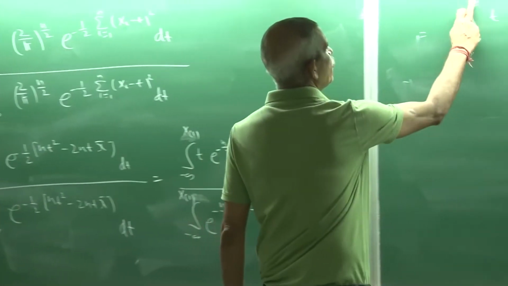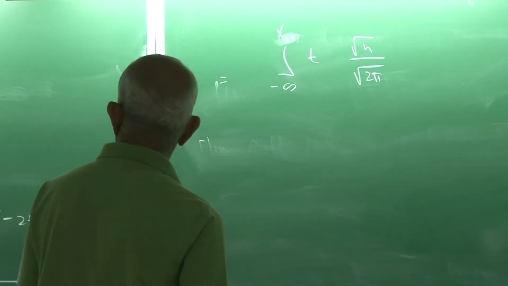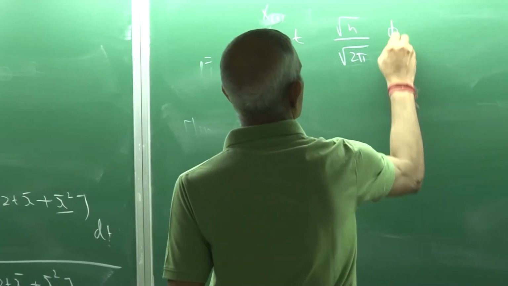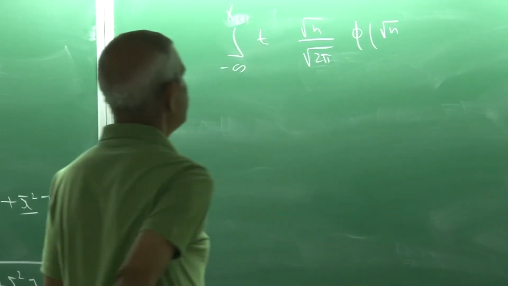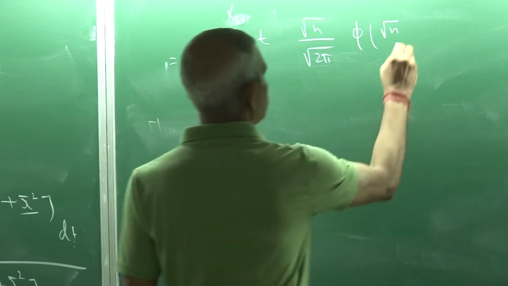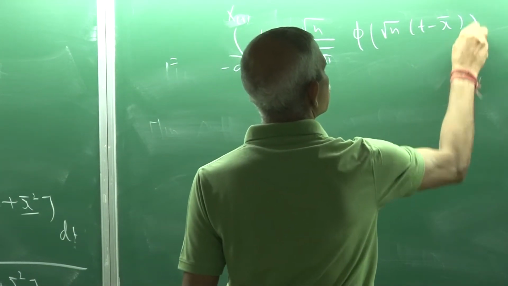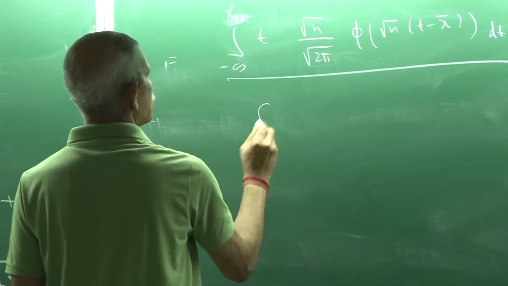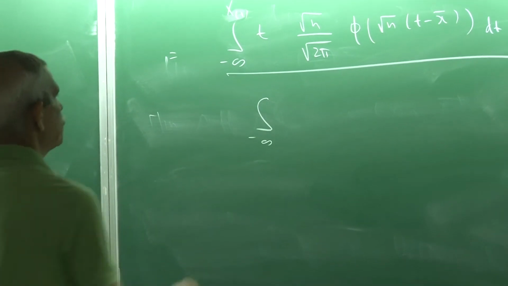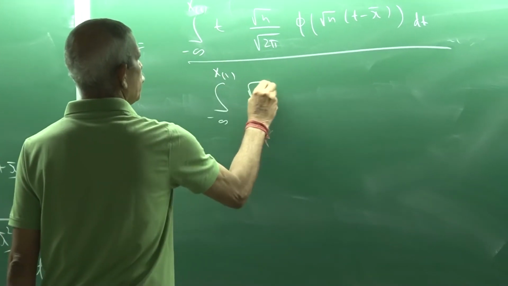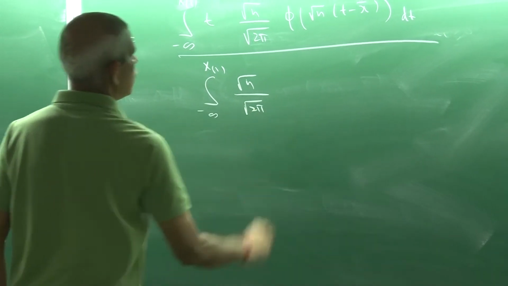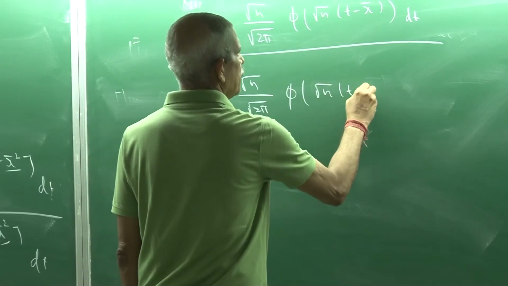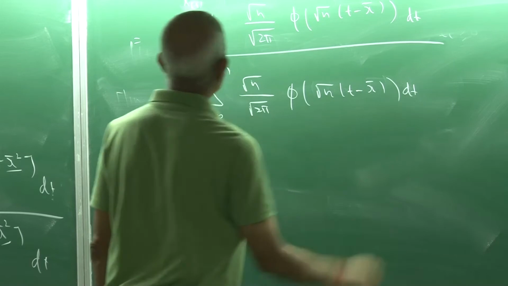So minus infinity to x1, and then it becomes phi of root n (t minus x bar), root n by root 2 pi, phi of root n (t minus x bar) dt.